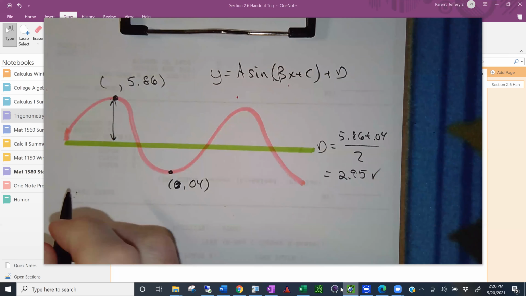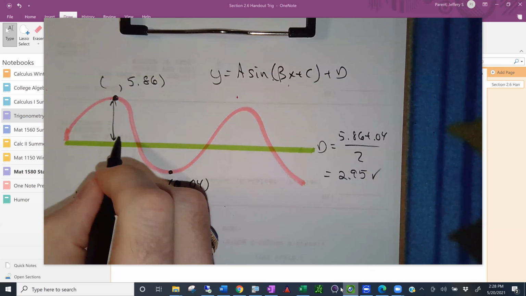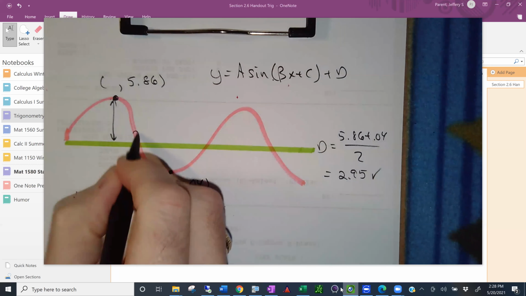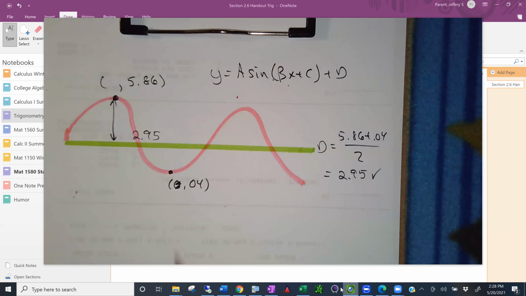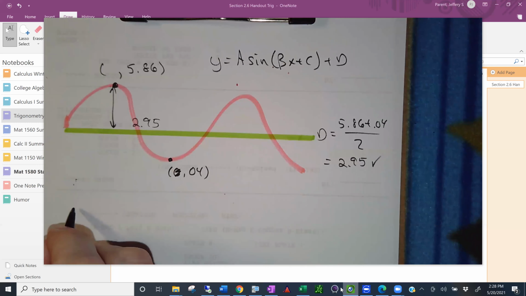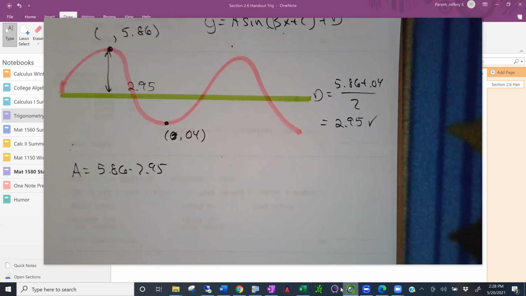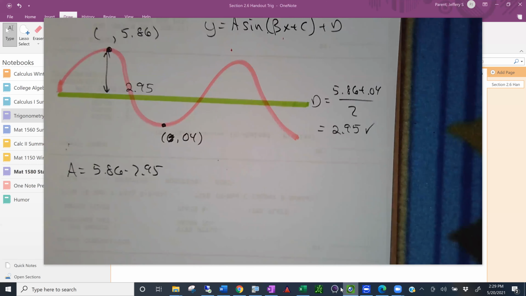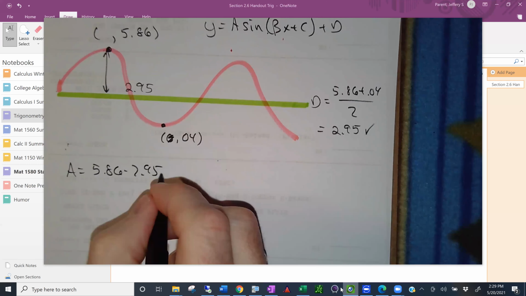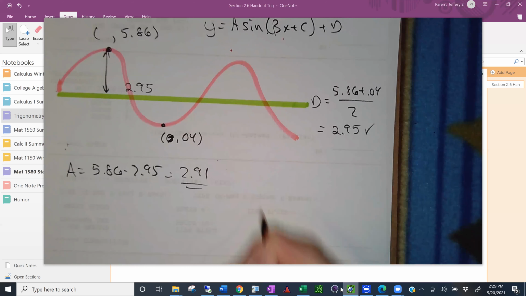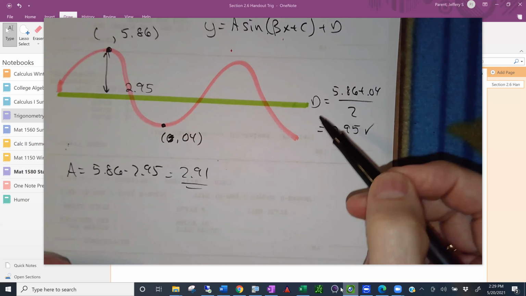In any case, this distance is going to be 5.86 minus 2.95, and that distance is going to be our amplitude. That distance is going to be, let's see, 2.91. So there's your D and there's your A.